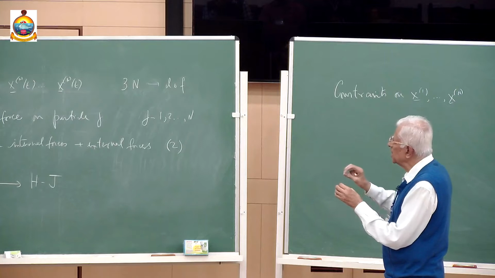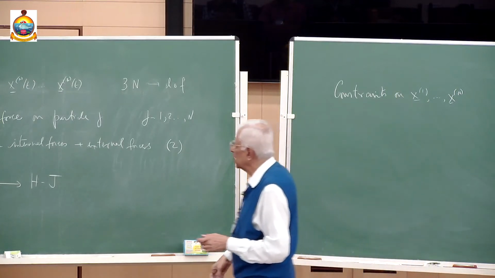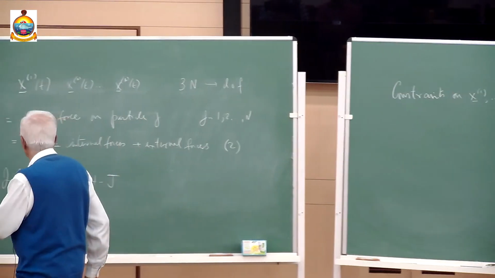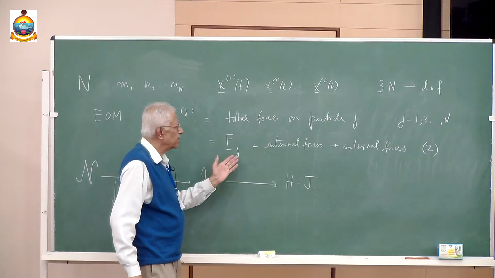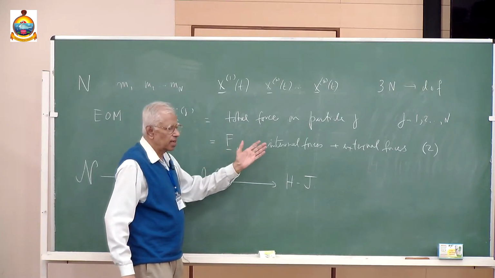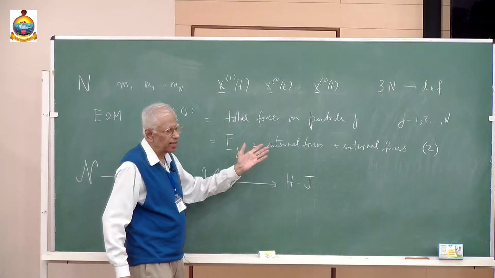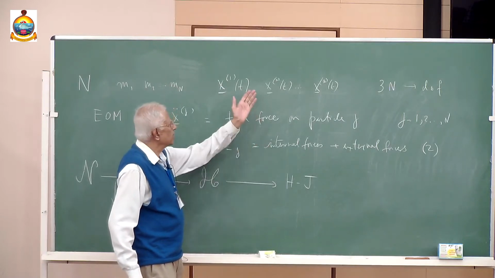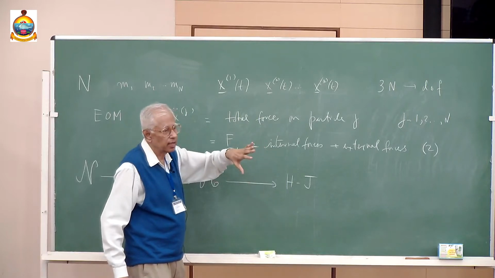Whenever there is a constraint acting on these coordinates, in the Cartesian description, in the force on the right hand side, there will be terms which are called constraint forces. They are there so that the constraints will always be satisfied.